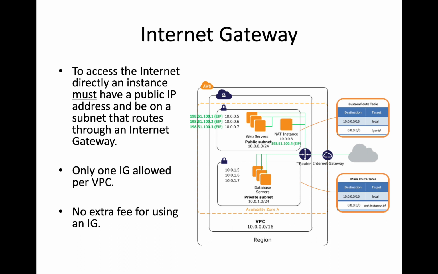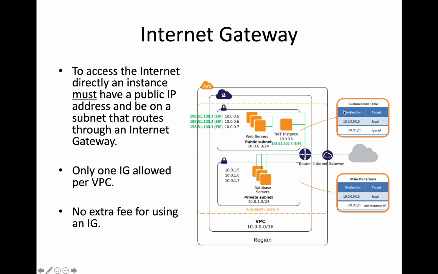The first route says that any traffic which is destined for this network block, 10.0.0.0/16, should be handled locally, should use a local target. This 10.0.0.0/16 network block is the same network block associated with the VPC.